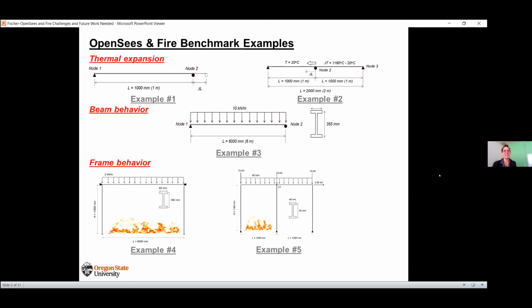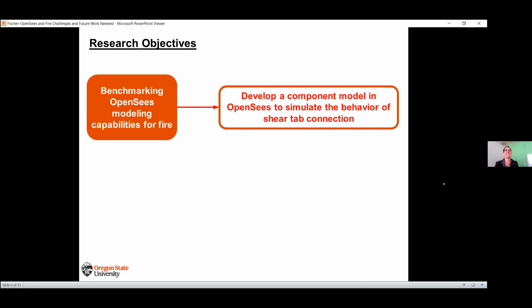What it comes down to, though, is that while Laura presented on the lateral force resisting systems in buildings for earthquakes, during a fire it's really about the gravity system. That's what's resisting your fire loads and fire demands. It's not the lateral force resisting system. Some of the most vulnerable parts of our buildings are our beam to column and beam to girder connections, our gravity connections.